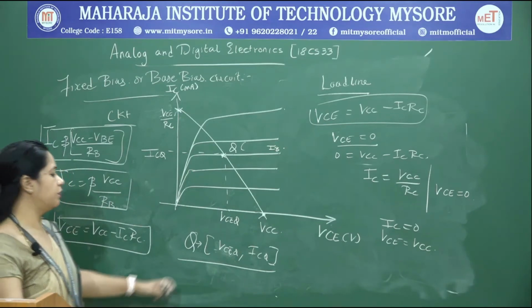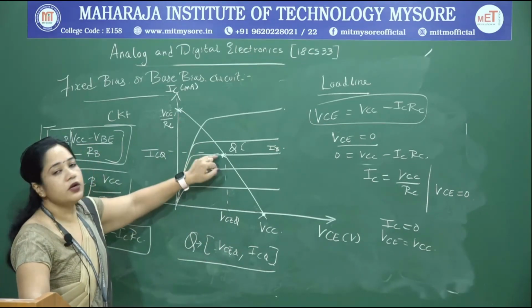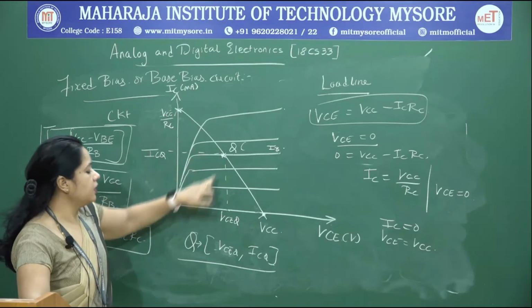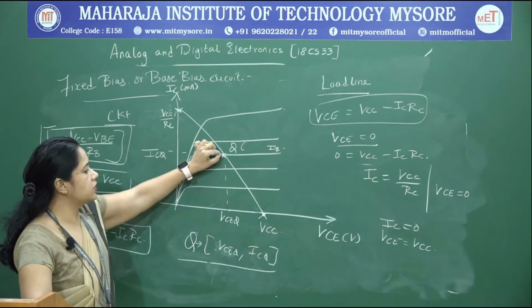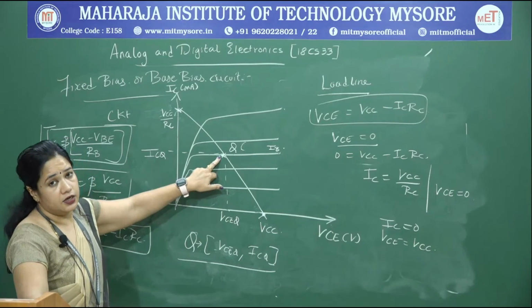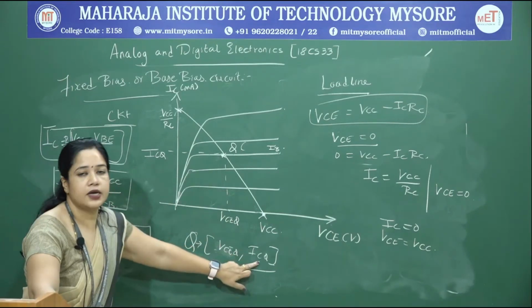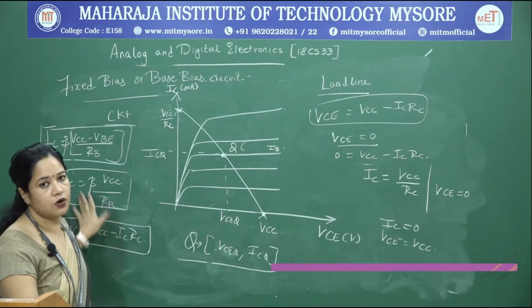In order to determine the operating point, you need to locate the DC load line, and the point of intersection of the load line with IB gives you the operating point. If you bias your circuit such that it gets VCEQ and ICQ, the transistor does faithful amplification. This is what we mean.